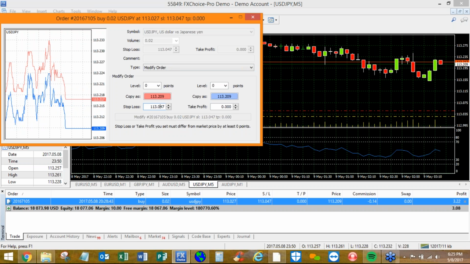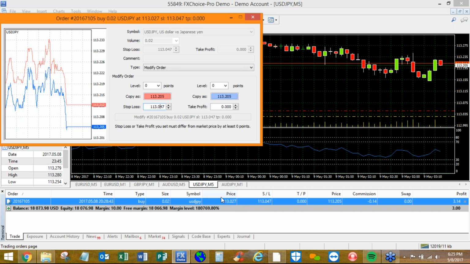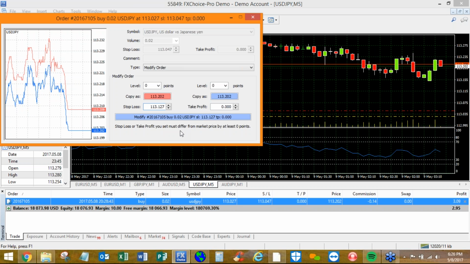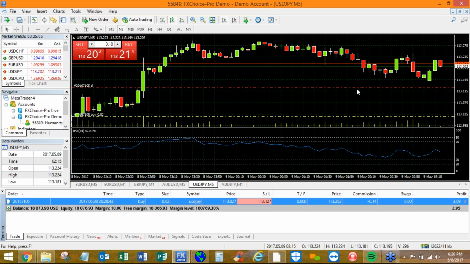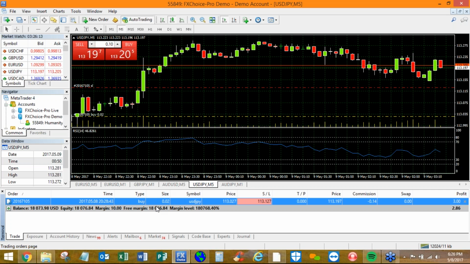So I'll change it from this price down here, 113.027, to 113.127. Now this is going to move this red line you see here up 8 pips to a point where if it kicks that out, I will take a 10 pip profit on this 0.02 size lot trade, which may be about $2 or less because of the commissions.